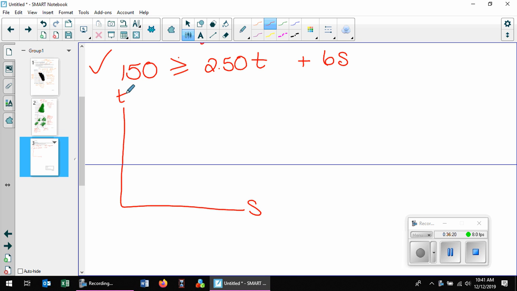Now, the easiest way to do this, have you guys heard of the intercept method? Your poor grade 10 teacher somewhere is crying. And I know it wasn't me because I didn't teach it last year. So the intercept method is find your x-intercept, find your y-intercept. So my y-intercept in this case is my t-intercept.